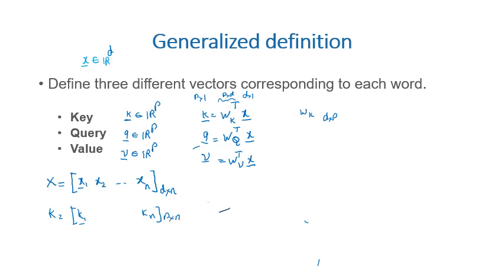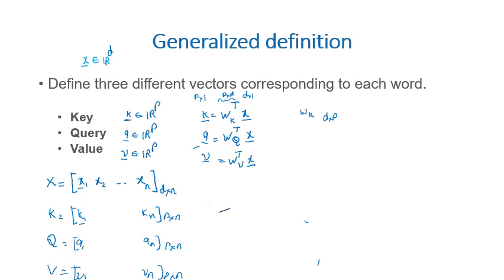I'm going to have matrix Q, which is Q1 to Qn, and it's going to be P by n, and I'm going to have V, V1 to Vn, also P by n.